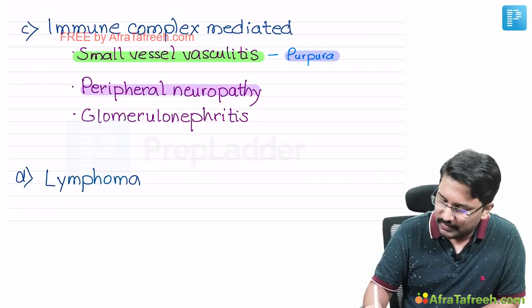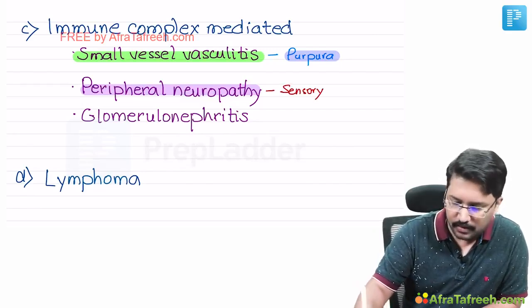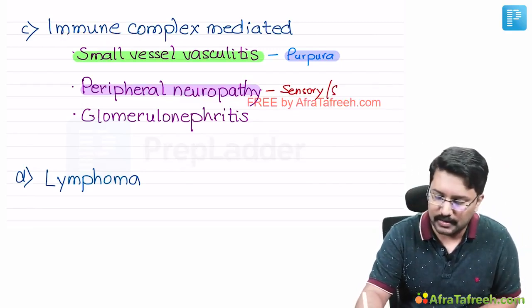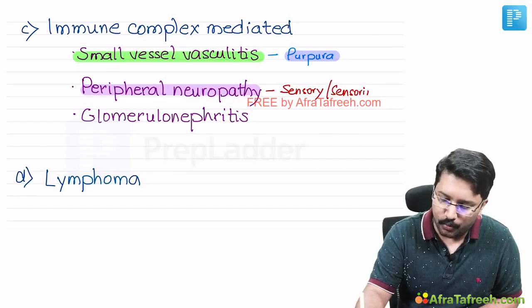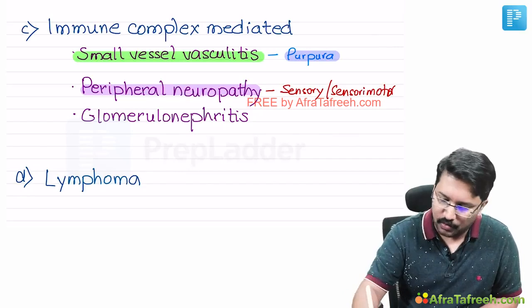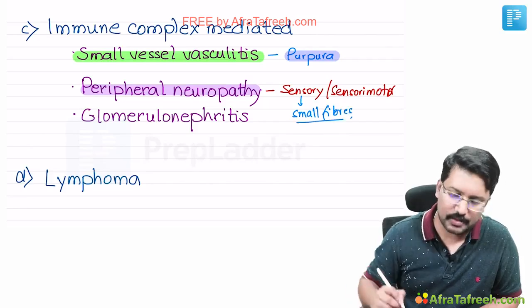The neuropathy that we see in these patients is usually either sensory, usually without ataxia, like non-ataxic sensory neuropathy, or it is sensory motor neuropathy. If you talk about sensory, yes, it is usually affecting the small fibers, right? Small fiber neuropathy.